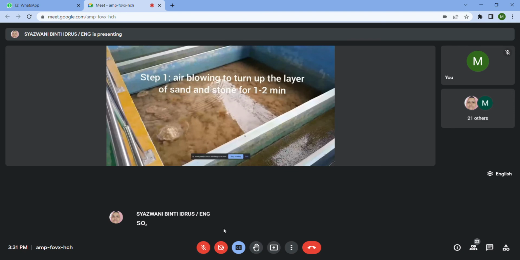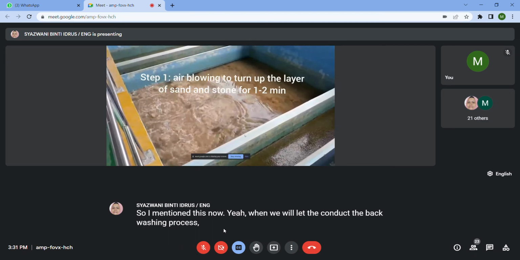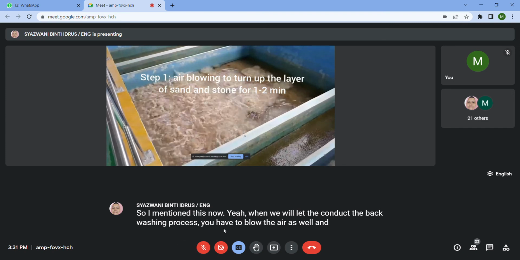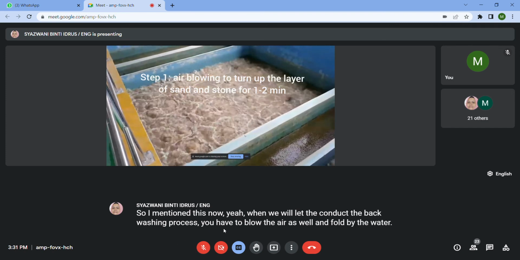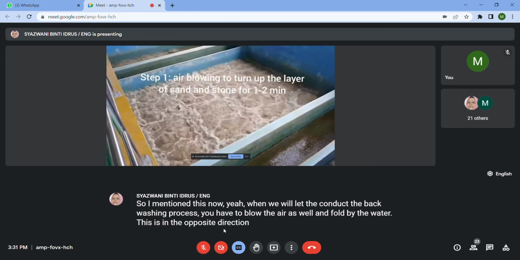So I mentioned just now, when we would like to conduct the backwashing process, we have to blow the air as well, followed by the water. Yeah? This is in the opposite direction of the water flow.